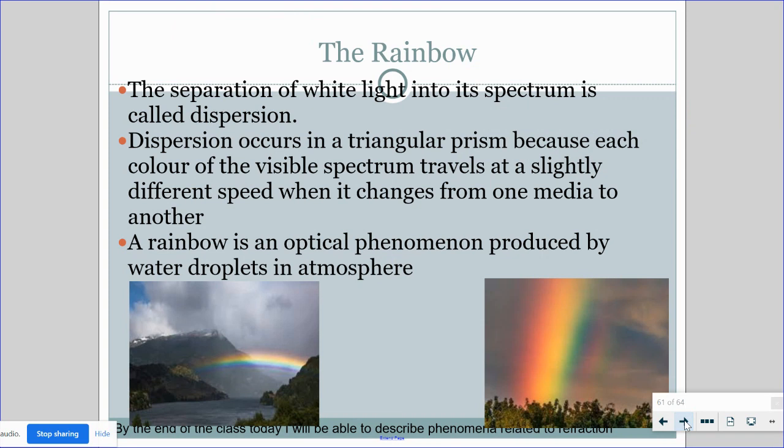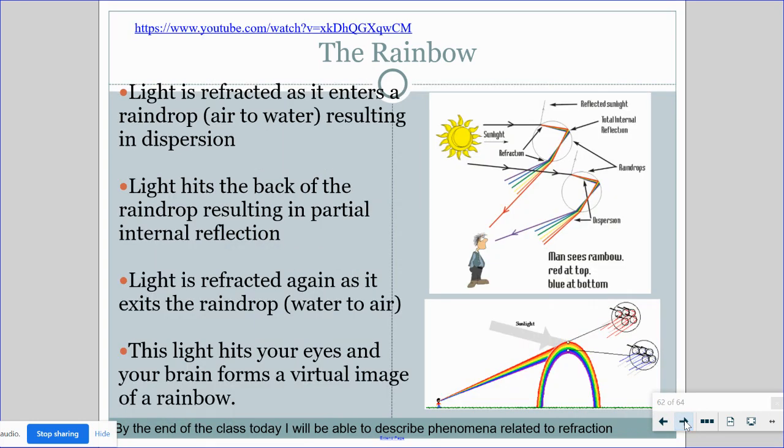The rainbow is an example of dispersion, which we talked about earlier, where white light is separated into the visible spectrum. It's an optical phenomenon produced by water droplets in the atmosphere.